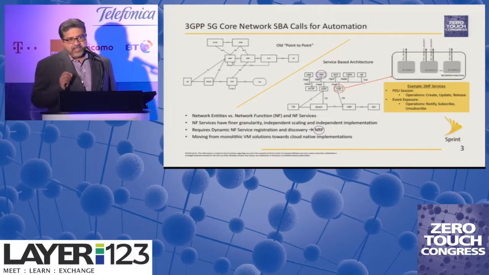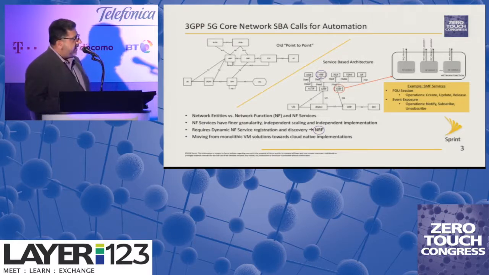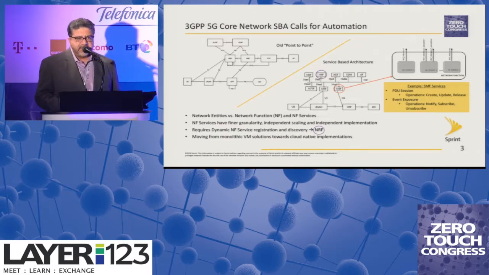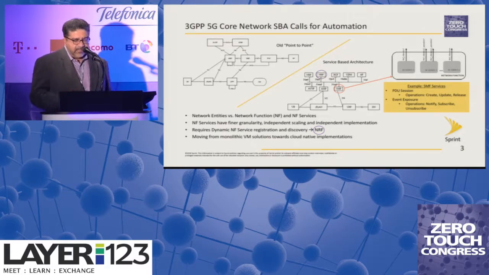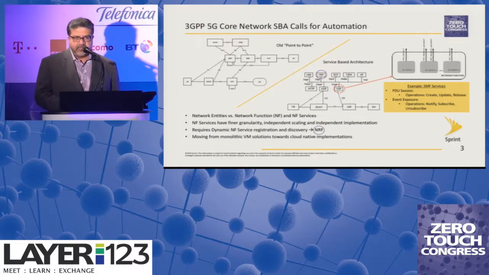Further, if we look inside one network function, in the red, I have a blow up of the session management function. As an example, it's broken down into a set of network function services. We have two here in this example: one is PDU, packet session management, and another is event exposure.